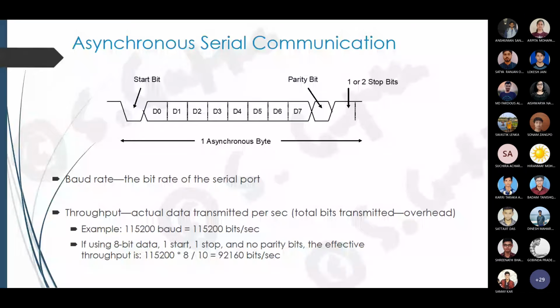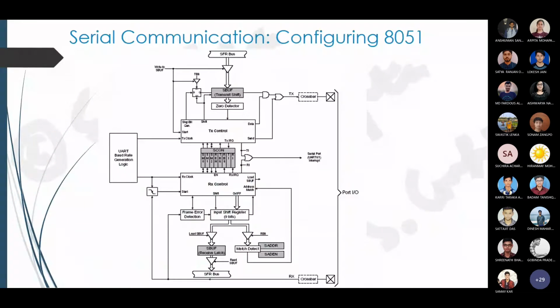The baud rate should be known to us, and the frame structure should be known to us, meaning known to both the transmitter and the receiver units. So what we need to know is what is inside this 8051: the UART baud rate generation logic, where we can use timer 0 or 1 or timer 2.